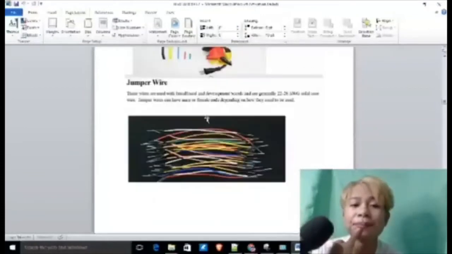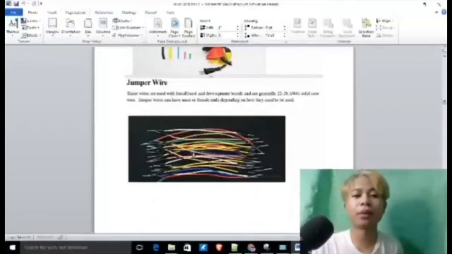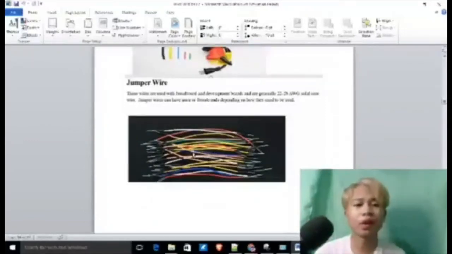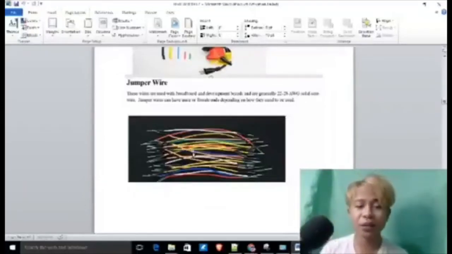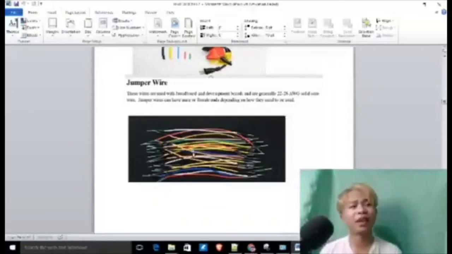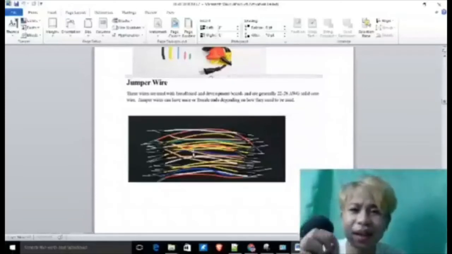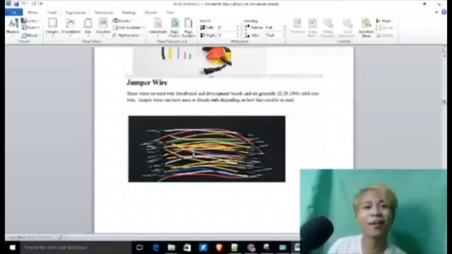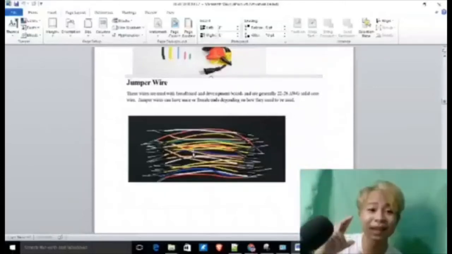Okay, jumping wire. One thing that I know about jumping wire is that I've already performed jumping, but I did not use this kind of wire. I did not use wire, but instead I used something used for soldering. It was still wire, something metal, a small, soft metal that is used for soldering.